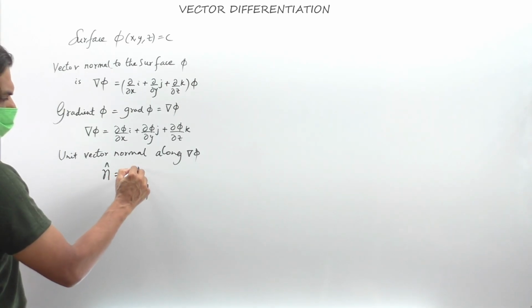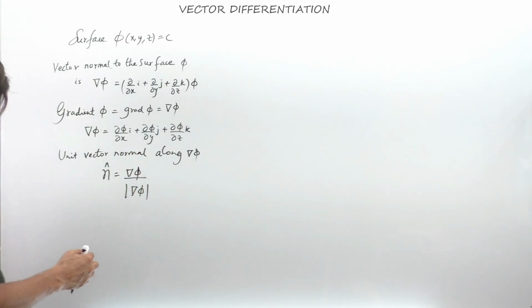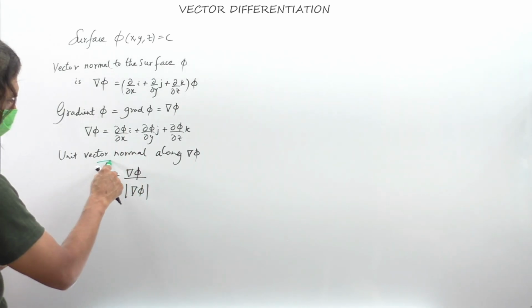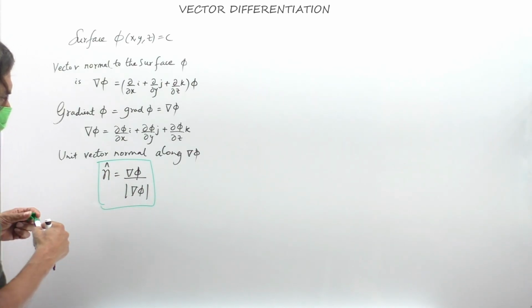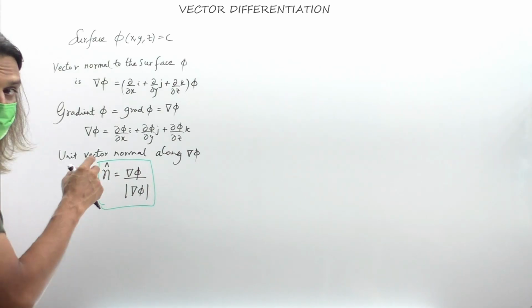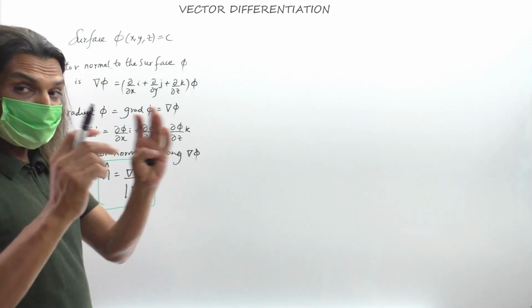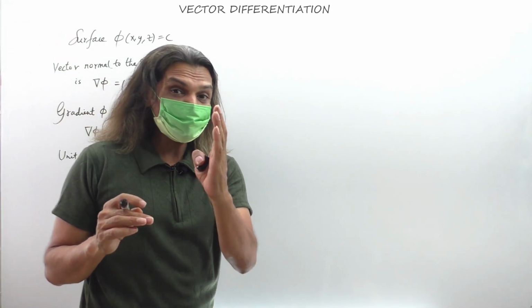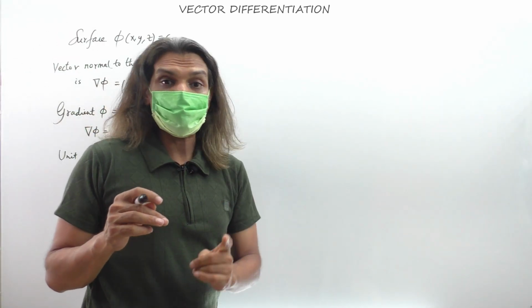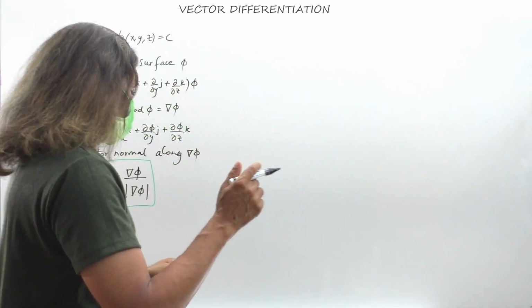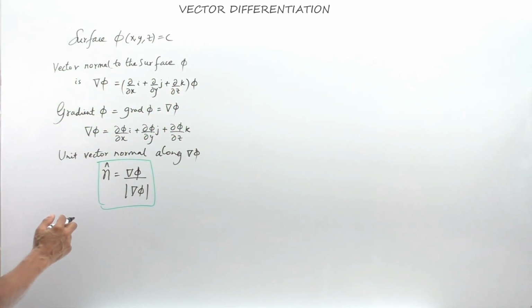This modulus and all we will discuss while solving the problems. So the unit normal is given by n cap equal to del phi by modulus of del phi. Now the very important formula, about which one question might be asked in the examination, is the angle between two surfaces.